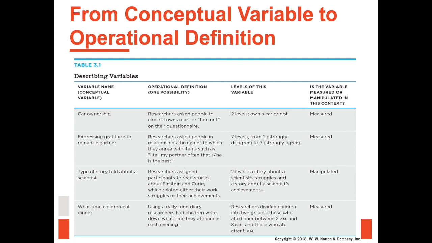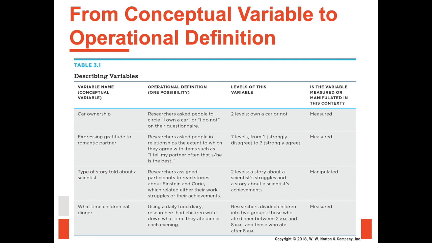So they read stories about these two, and they are randomly assigned to either the story focusing on the struggles or the achievements of the individuals. So this one, again, has 2 levels. It's a story about a scientist's struggles or a story about a scientist's achievements. So we make that happen. We decide which one they get, and so it's manipulated.